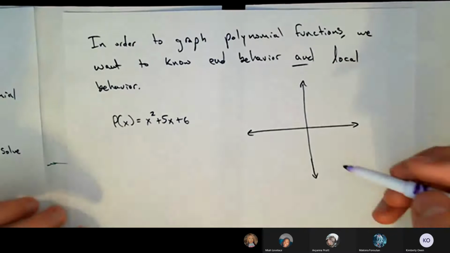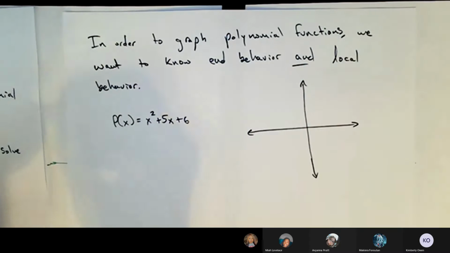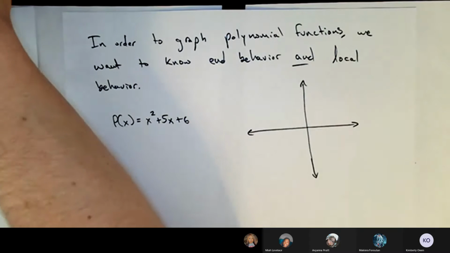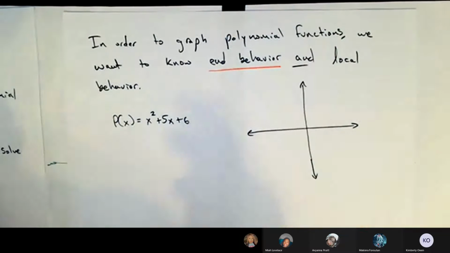But I want to know its end behavior, which is where it's tending to as x tends to infinity and as x tends to negative infinity.